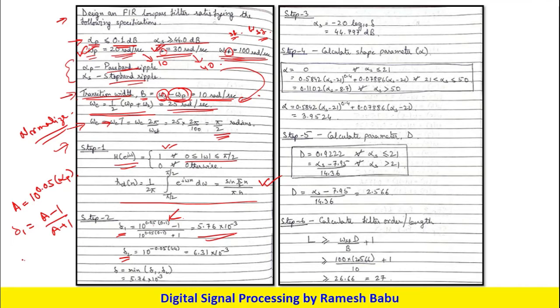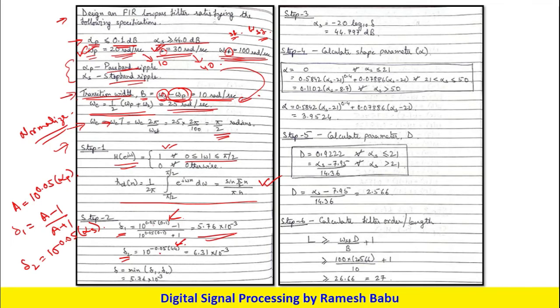Then delta 2, which is in the stop band, is nothing but 10 to the power minus 0.05 into alpha s. So this is what we have done over here.